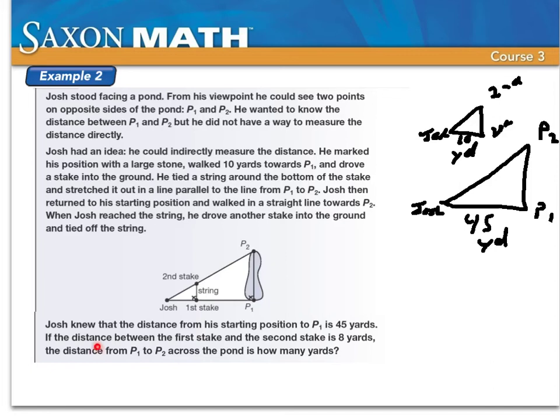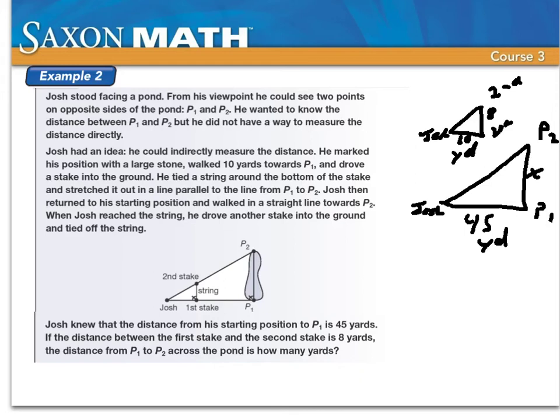Then it says the distance between the first stake and the second stake ended up being 8 yards. That's how long the string was, so this right here is 8 yards. I'll put 8 yards right here. Then we want to know the distance from P1 to P2, so I'm trying to figure out this right here.